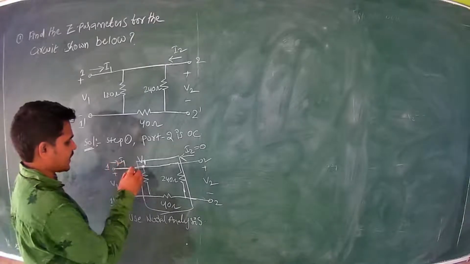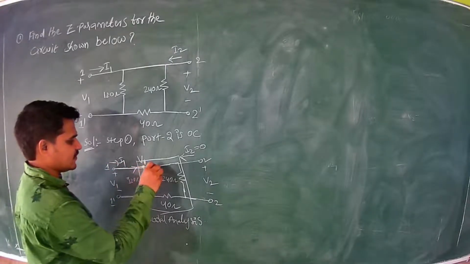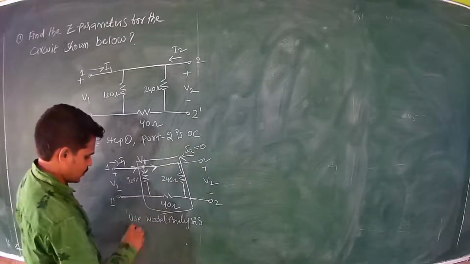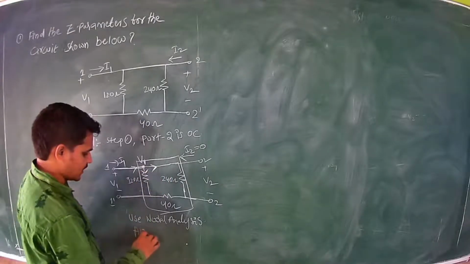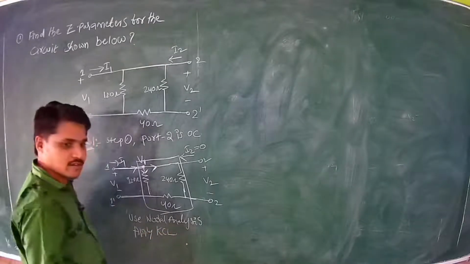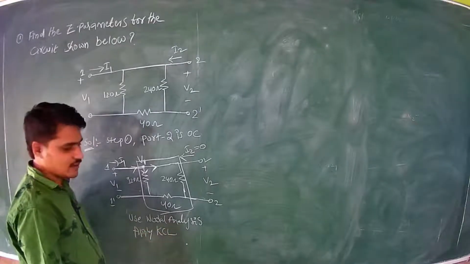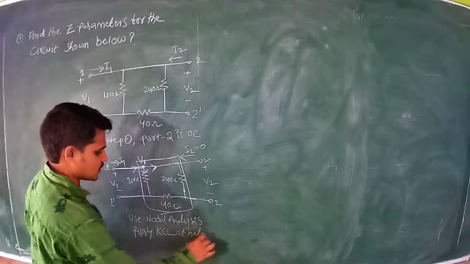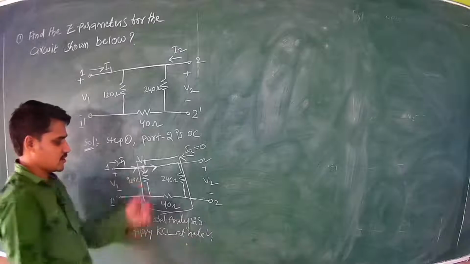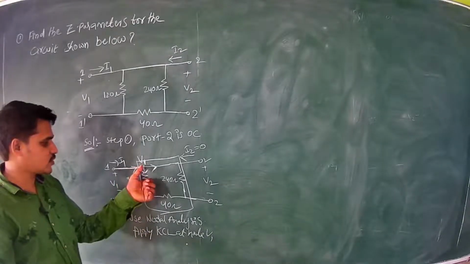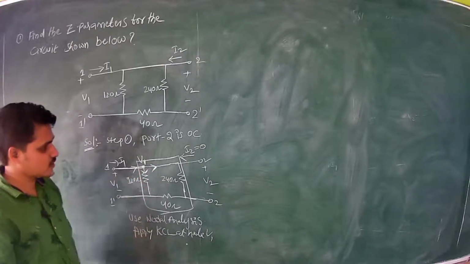The current I1 is coming in and current is leaving like this. In nodal analysis we have to apply Kirchhoff's current law, KCL, at node 1, at node V1, at this junction. The algebraic sum of the entering currents equals the algebraic sum of the leaving currents.